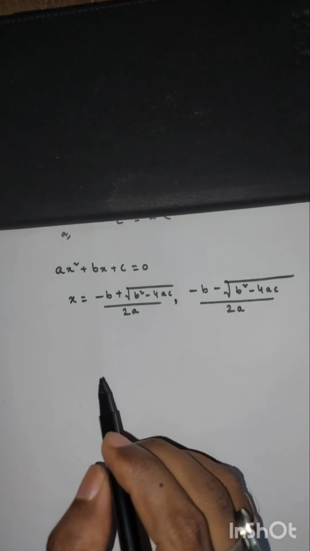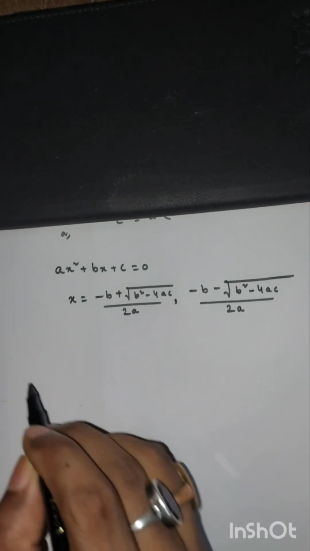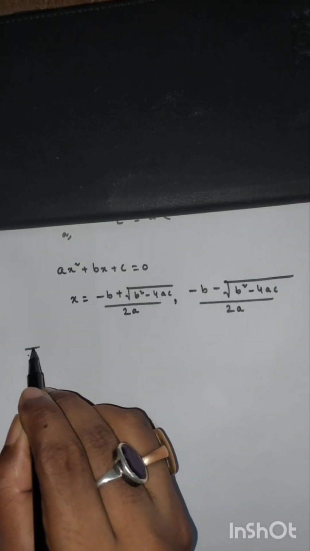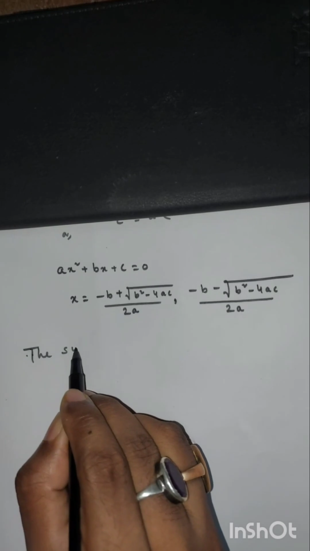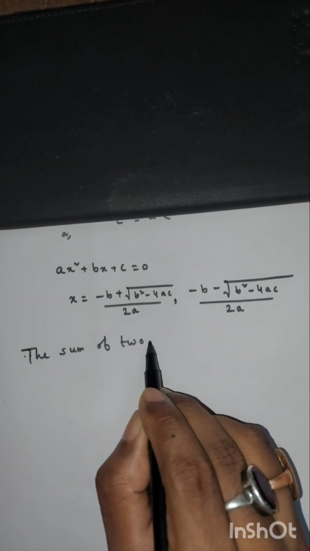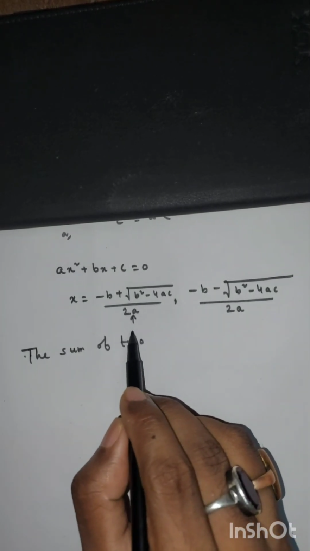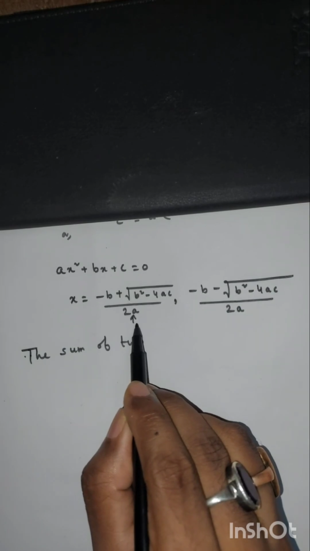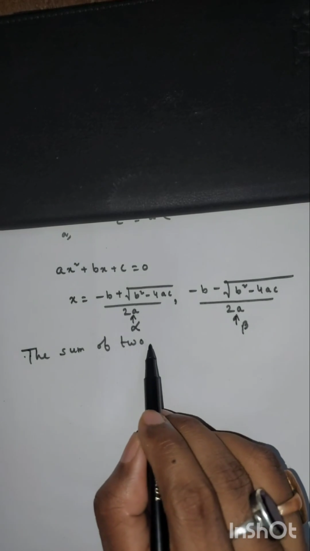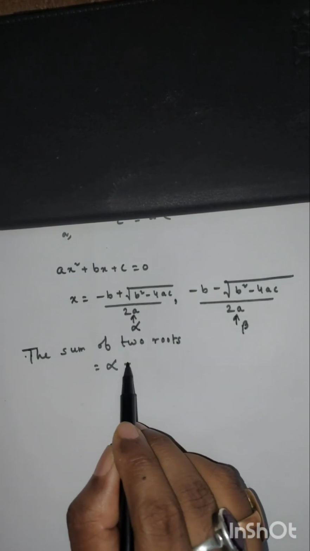Now if we add these two roots, if one root is alpha and the other root is beta, then the sum of two roots equals alpha plus beta.